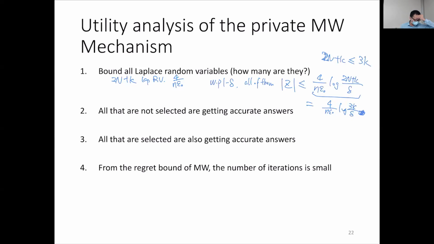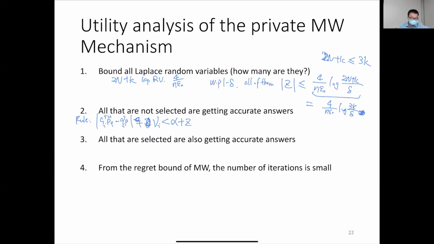So by the selection rule of the SVT, the rule is that if it is not selected, meaning it is not above threshold, then the absolute value of Q transpose P tilde t minus Q transpose P, plus the query noise nu i, is smaller than alpha hat, and alpha hat is our choice of alpha plus this threshold noise z.